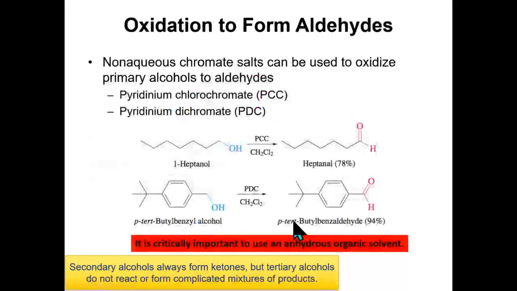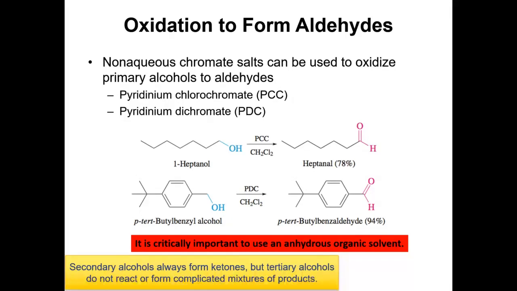So now, what if you want to oxidize a primary alcohol to the aldehyde stage? In that case, you have to use an oxidant that does not involve water at all. Why? If you want to stop at the aldehyde stage, you cannot involve water.